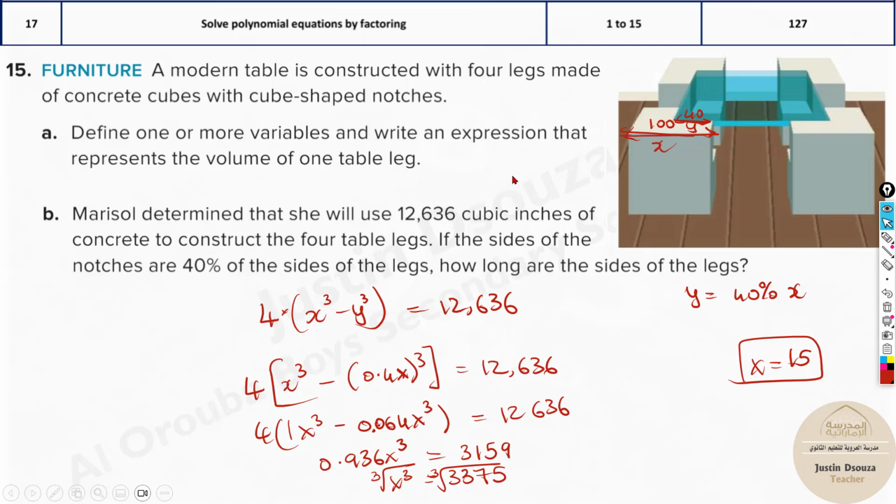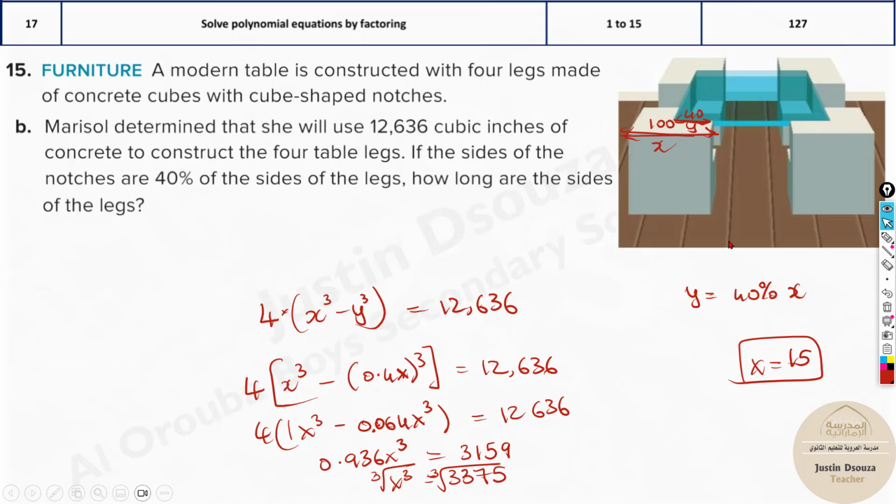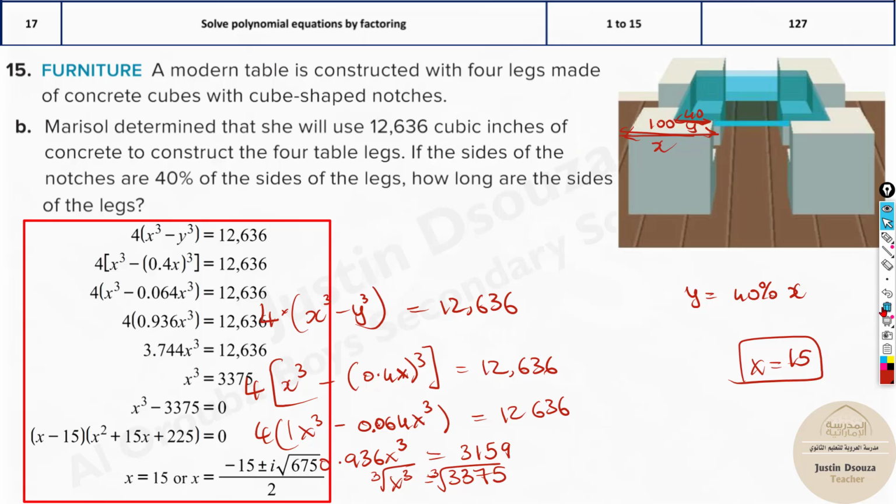Inches, inch cube, right? So cubic inches. So inches is the dimension that is used. So the x value, the original cube, is 15 inches long. And the 40% of that, just multiply this by 40%, you're going to get about 6 inches, I guess, for the notches. And you can see over here, this is how you solve it.